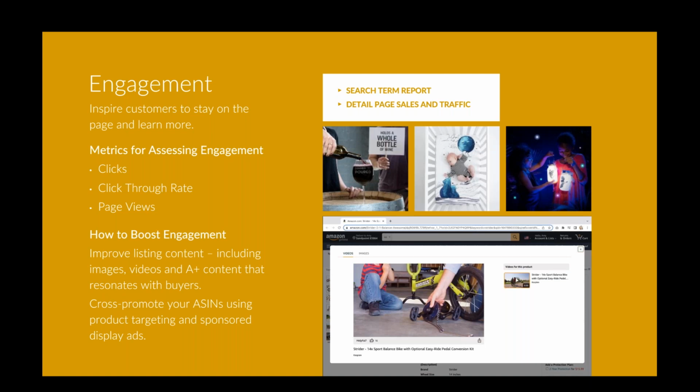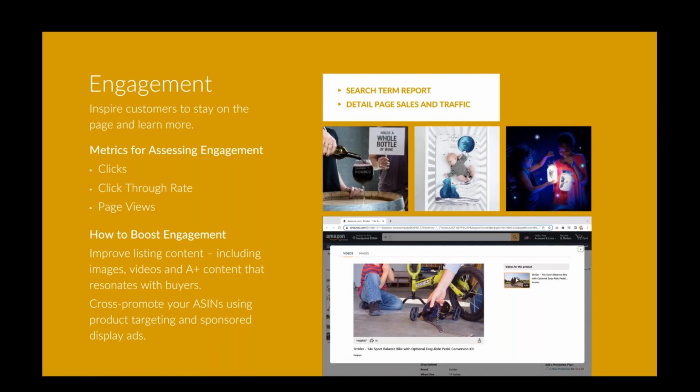So by targeting your brand's own ASINs, more than likely, you can cross promote all of your products without letting competitors come into your own product detail page. So if a shopper does decide to look at a complementary product, or maybe you sell a SKU that's a better fit for what they're looking for, there's a higher likelihood they're going to go to another product detail page in your brand versus one of your competitors.